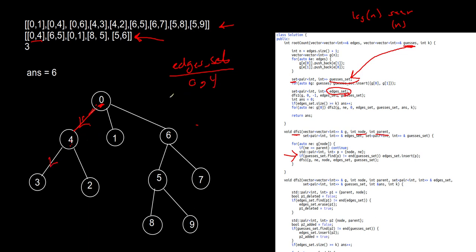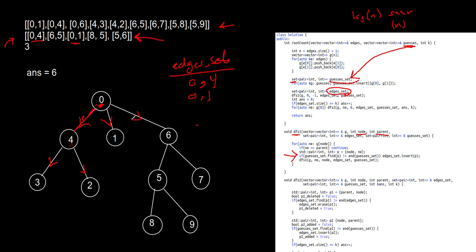Then 4, 3. 4, 3 does not exist in the guesses array, so we don't insert it. 4, 2 also does not exist. Now 0, 1. 0, 1 exists, so we insert it into the set.